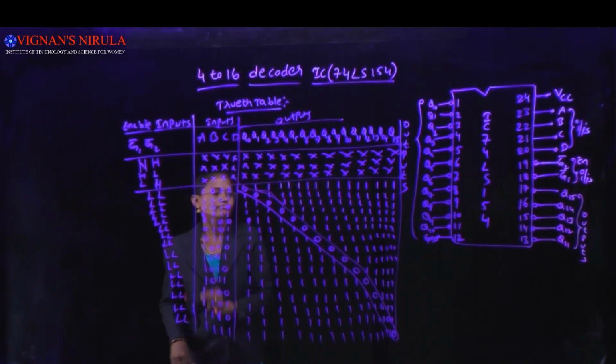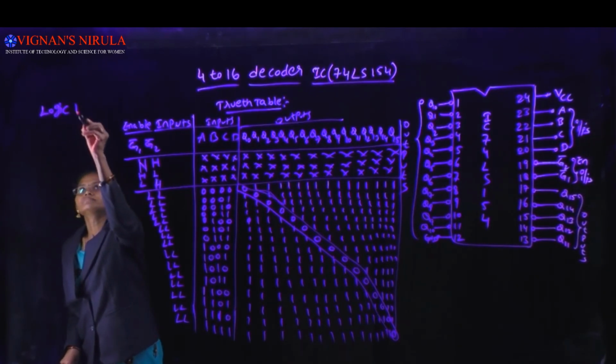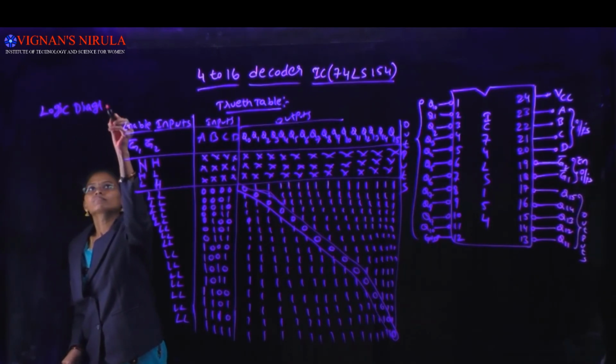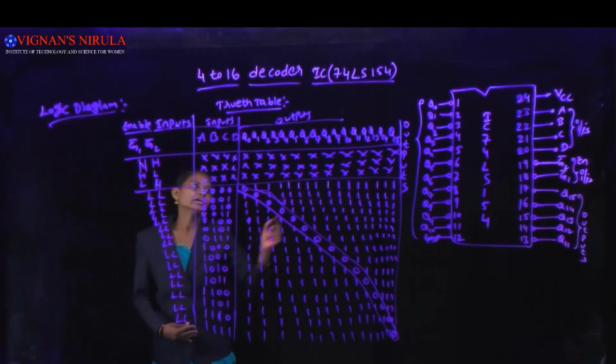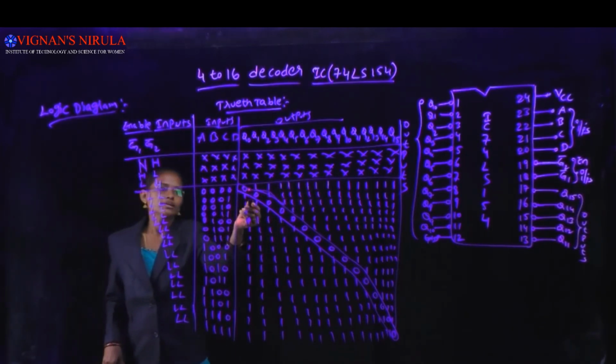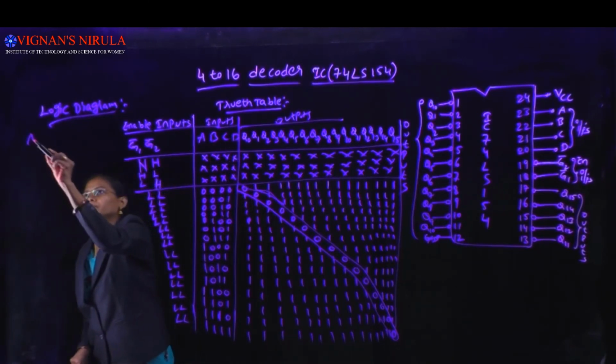Okay. And next draw the logic diagram. Logic diagram for the 4 to 16 decoder. Here Q0, what is the input here? A bar, B bar, C bar and D bar.